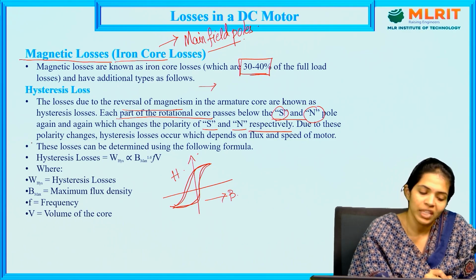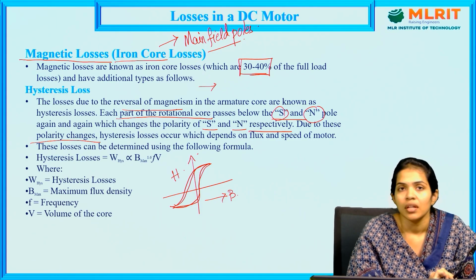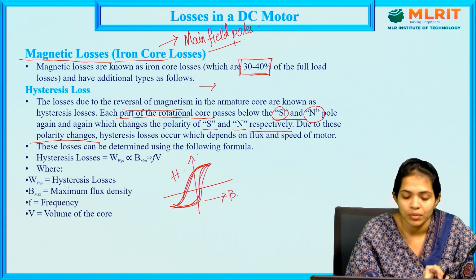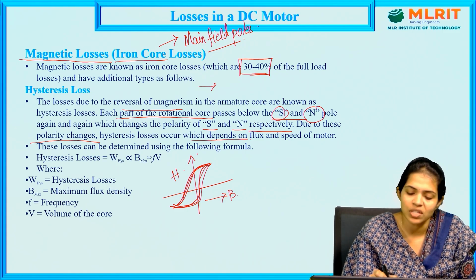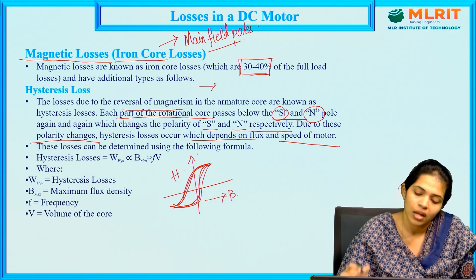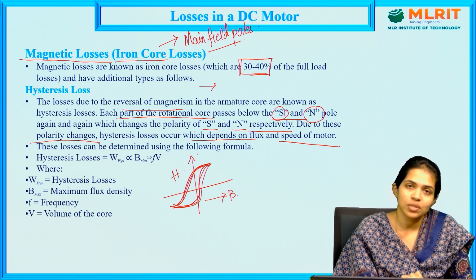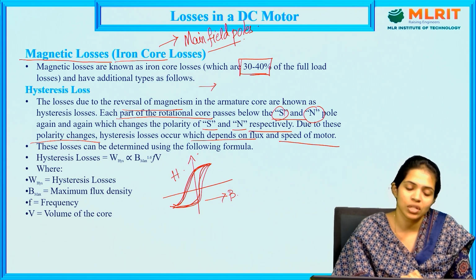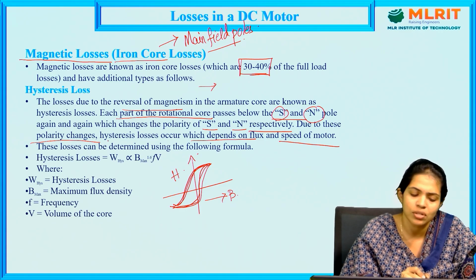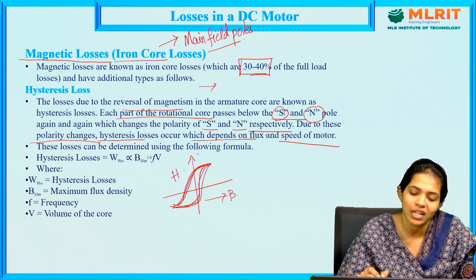Due to these polarity changes, the process of magnetization and demagnetization occurs for the flux generated under the influence of the main field poles. Due to this, we get energy loss in terms of hysteresis loss, and this hysteresis loss completely depends upon the flux and the speed of the motor.